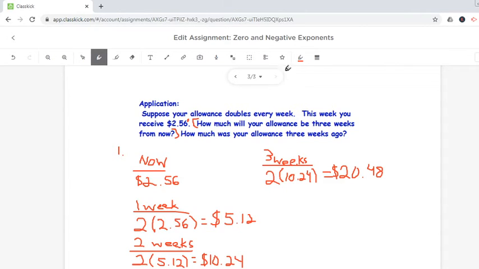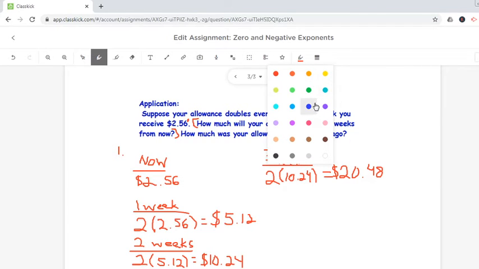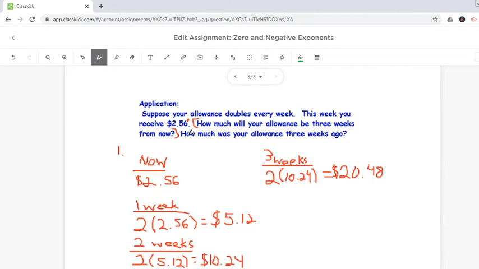Now we'll change the color and we'll change it to green. So the next question is this. How much was your allowance 3 weeks ago? I'll say that is the second part. So for 2, what we'll do is we have, now it is $2.56.